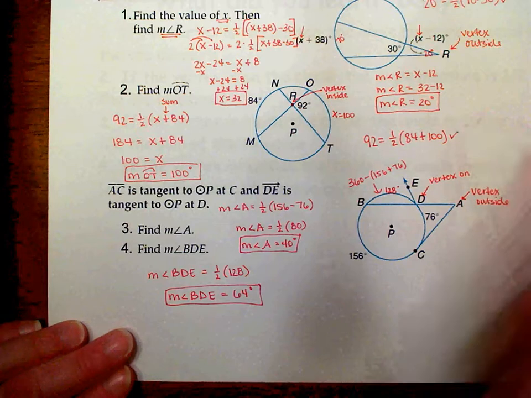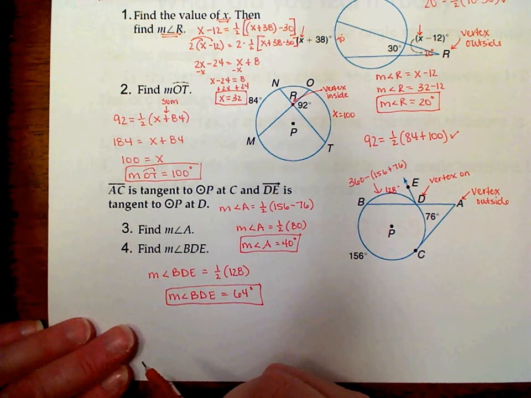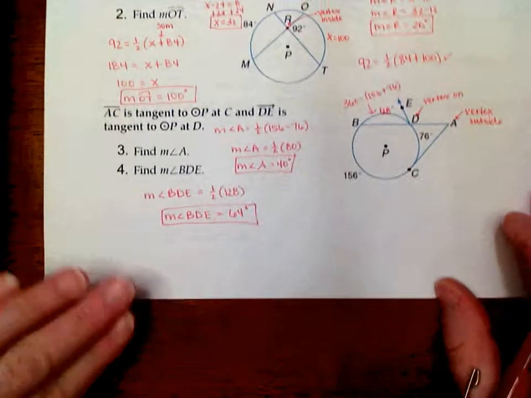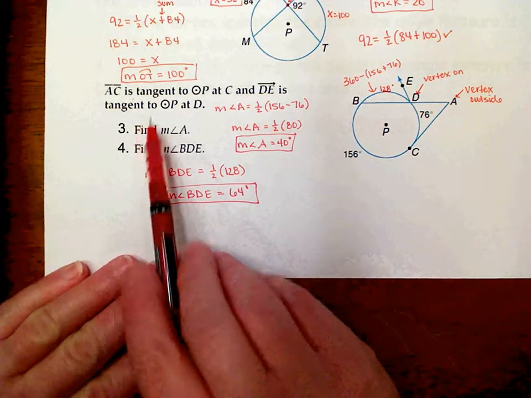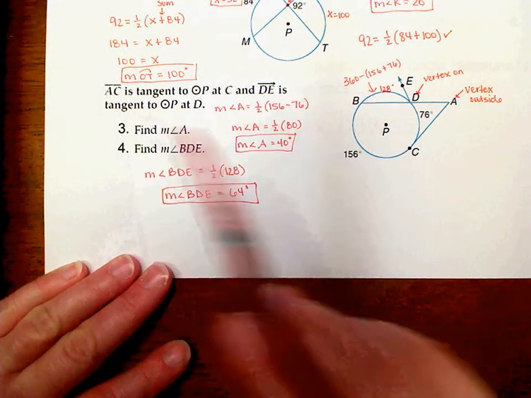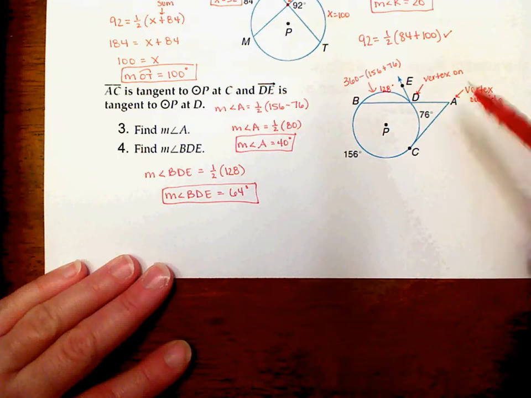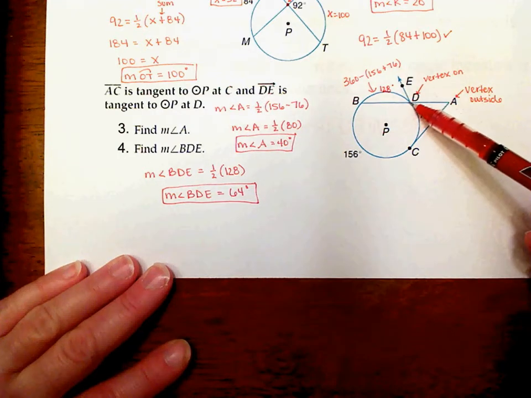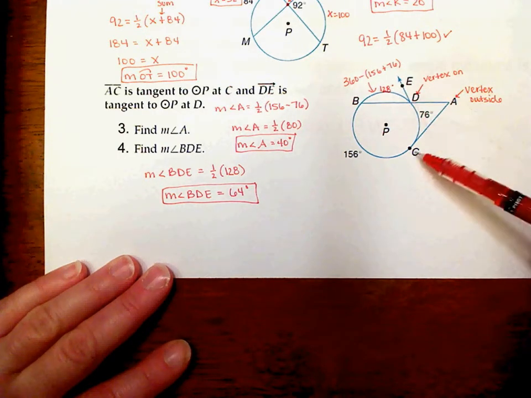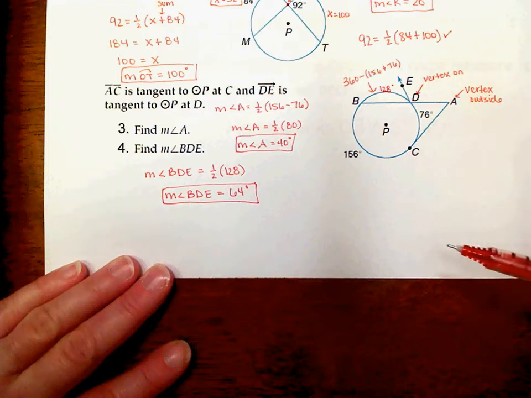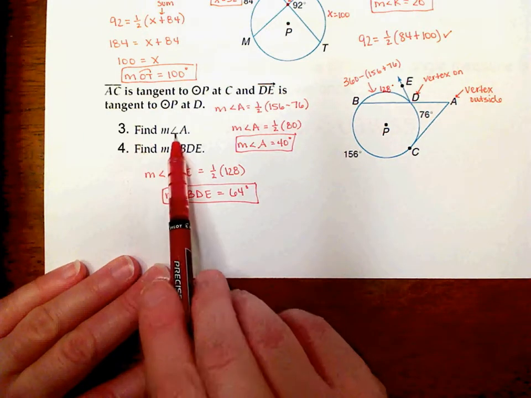And finally, the last one, you're told that AC is a tangent and DE is a tangent. So point D is a point of tangency here for this ray, and C is a point of tangency here. So when we're asked to find the measure of angle A, remember you always want to ask yourself, where's the vertex? Well, the vertex is outside.